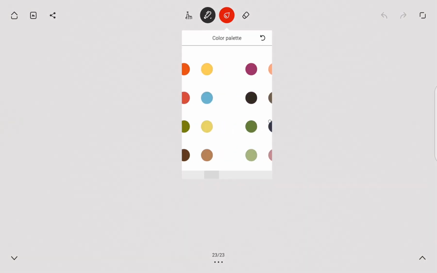Alright, so let's have a look at the final example for this tutorial. Example number 3. So we have to do the exact same thing.